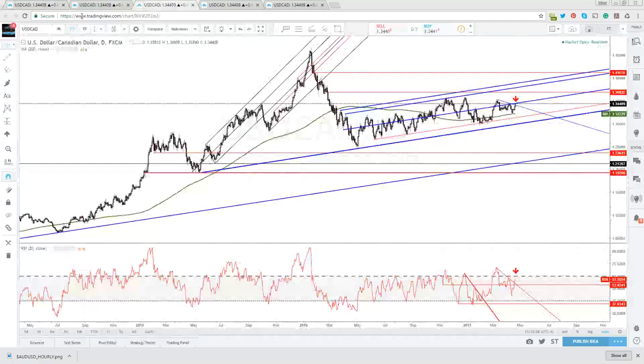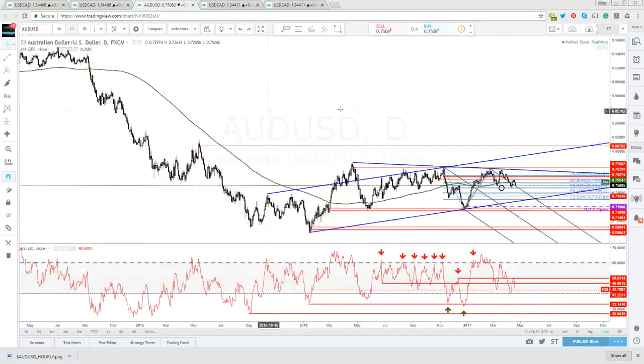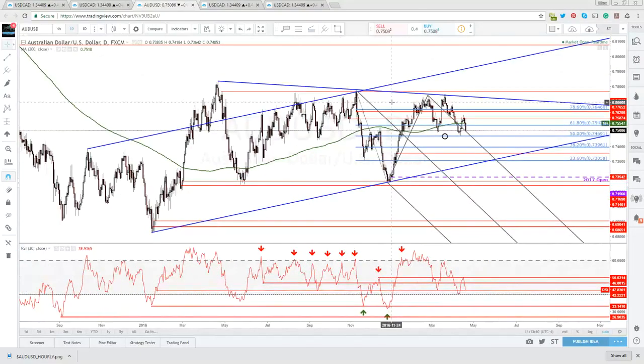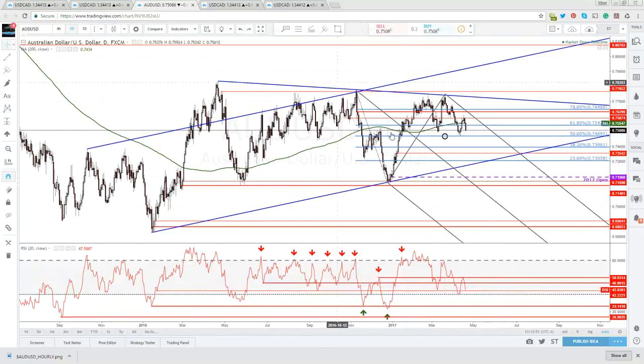Okay, then next one on the daily. Let's go to Aussie. Aussie is testing. Oh no, I changed this. So Aussie, I thought 175, 15, 16 should hold, and we would go higher.